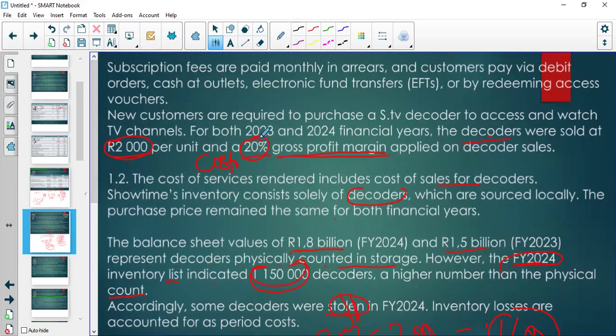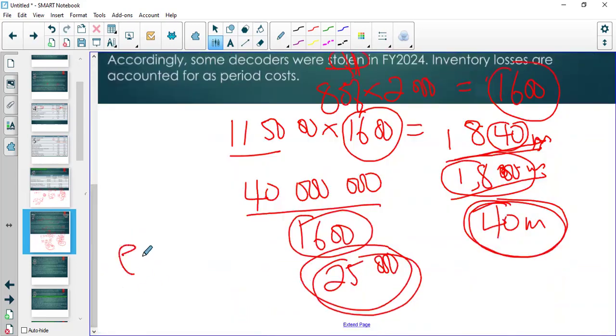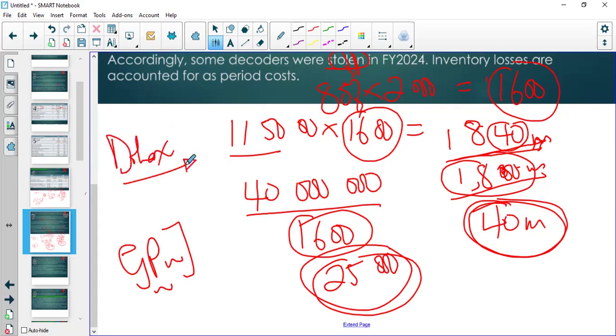And remember this concept of gross profit margin. We have taught you those things: gross profit margin, markup, and how they relate with sales and cost of sales. It's extremely important. I think it's a question on Dolax, right? Again, where we had to calculate the budgeted selling price in a case where you can calculate the cost of sales or cost of production.